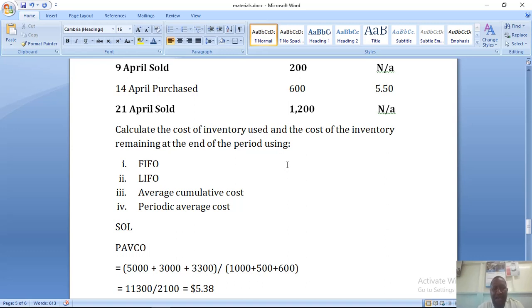Under LIFO, we assume that the inventory that came in last should be the first to be issued. Under average cumulative cost, we calculate the average cost before making an issue, or whenever material is added to inventory, a new average cost is calculated. Periodic average cost, we calculate the new average cost at the end of the period, and we use that to calculate the cost of issue for the period and the value of closing inventory.